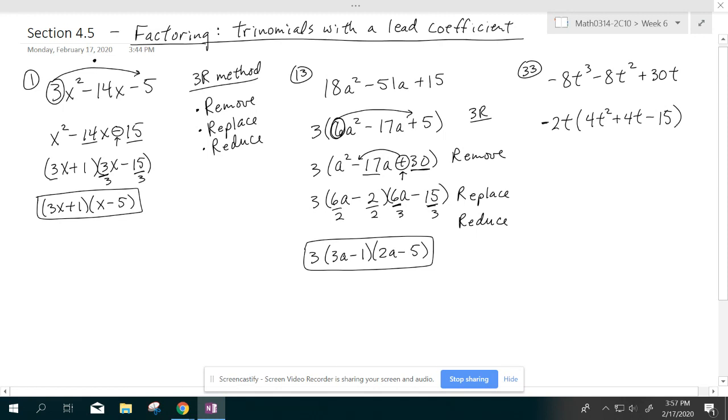Everybody understand why the 15 is minus? Everybody understand why it's 15? Now, what's inside the parentheses? Inside the parentheses, we have a trinomial with a lead coefficient, and that is what tells me 3R method. Trinomial with the lead coefficient. In your brain, you should go, uh-oh, 3R method.